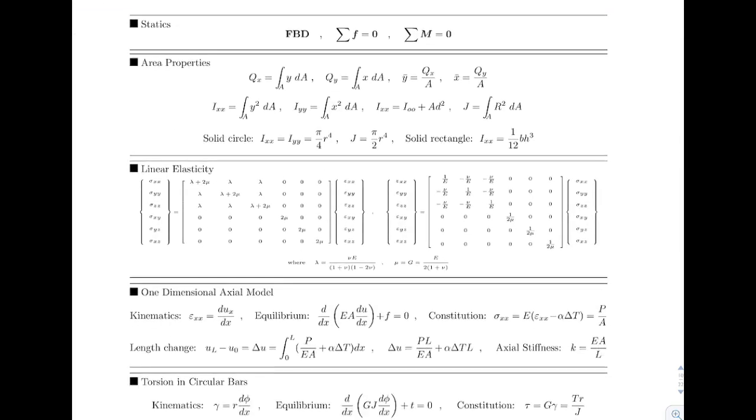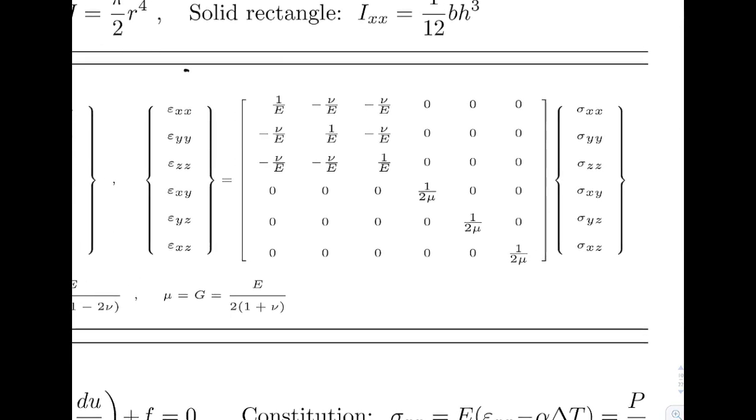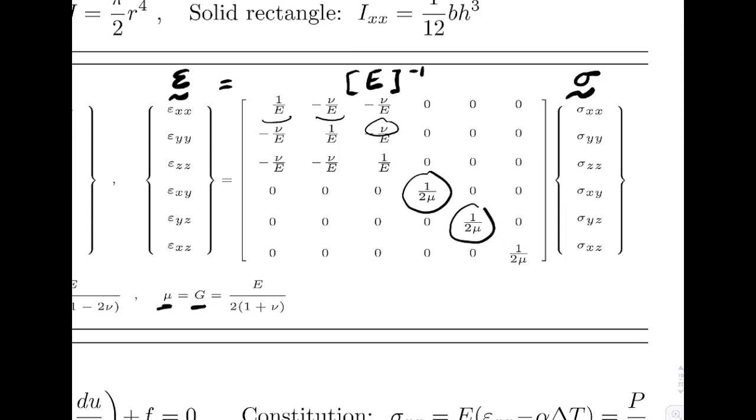On your equation sheet, they're sitting right here. The epsilons are equal to this, the inverse of the E matrix, times the stress vector. Looking in here, we see a lot of 1 over E's. There's Poisson's ratio. There's the modulus of rigidity, our G. We'll end up deriving that there's a relationship between G, E, and Poisson's ratio.